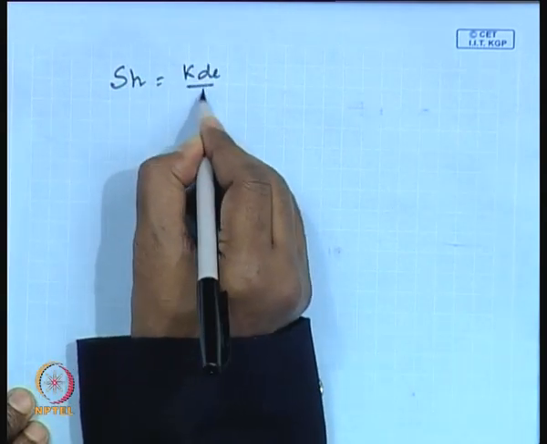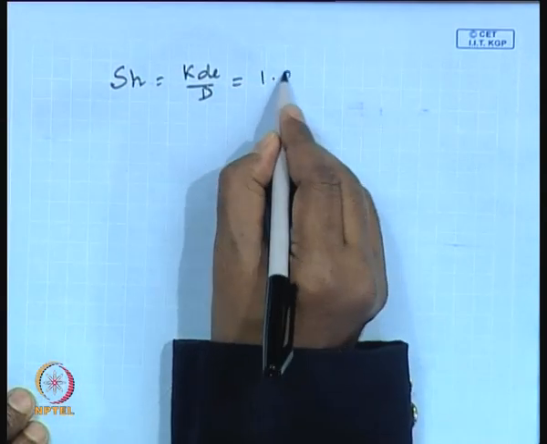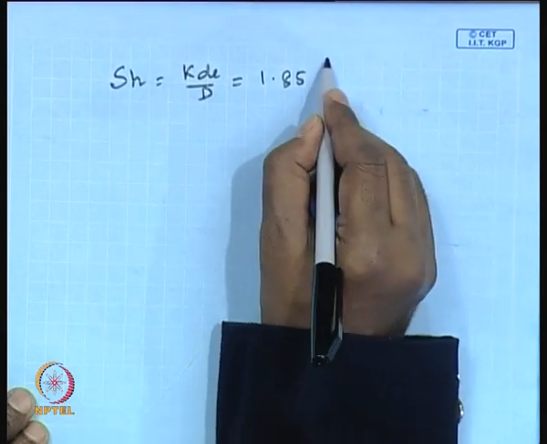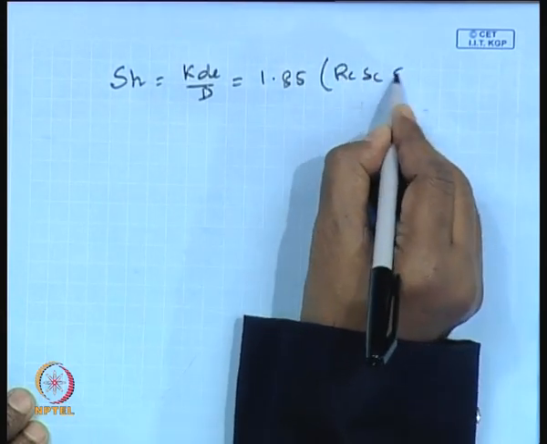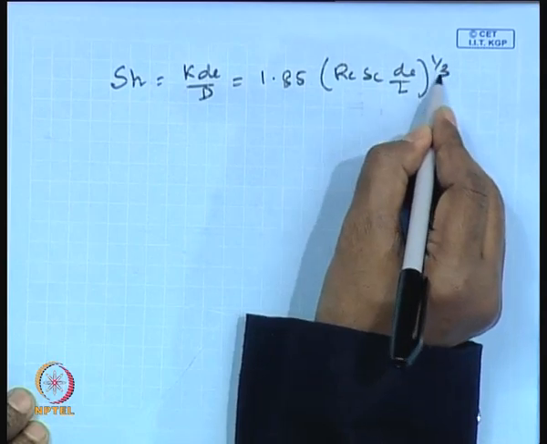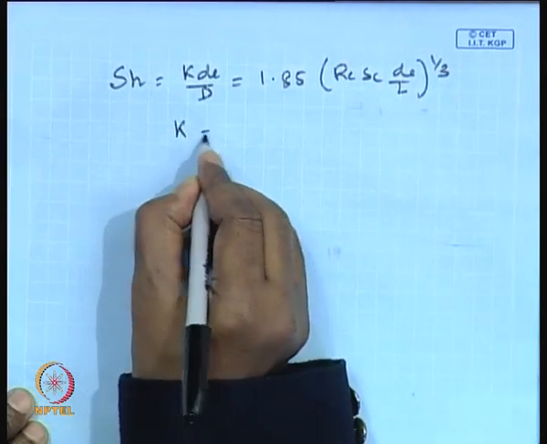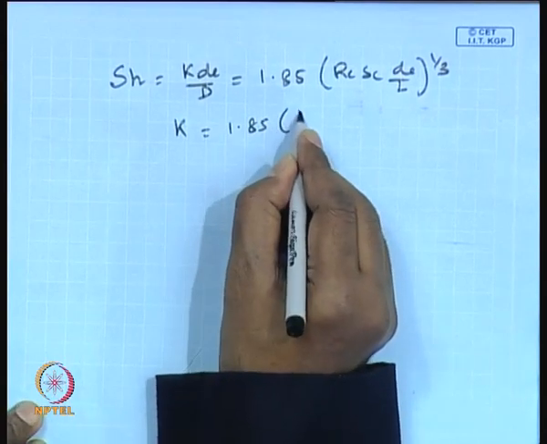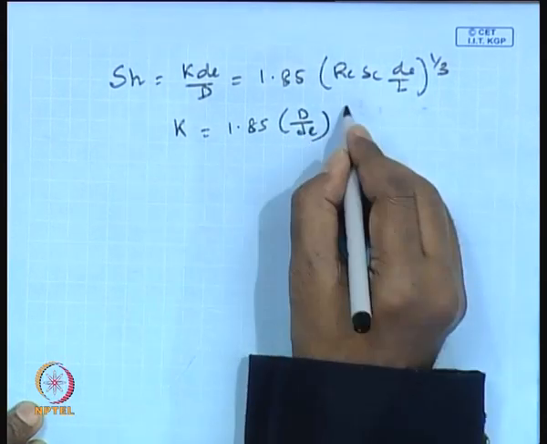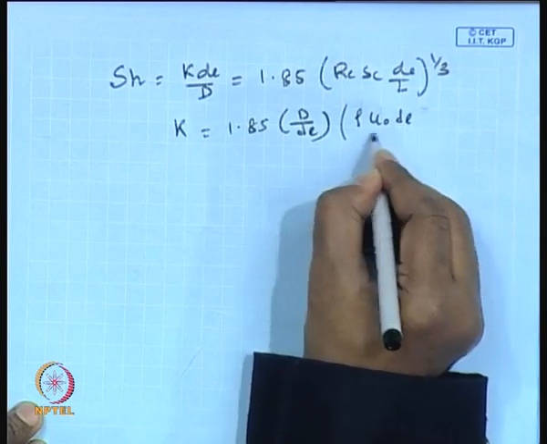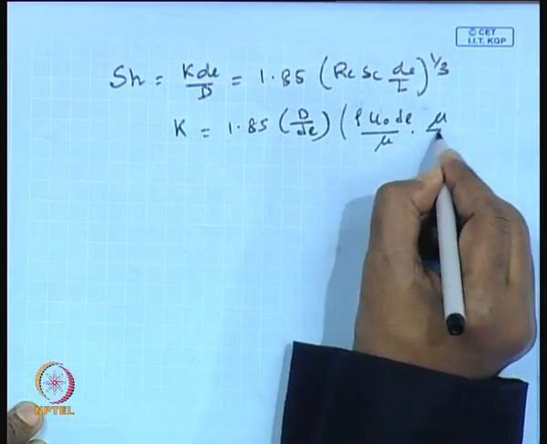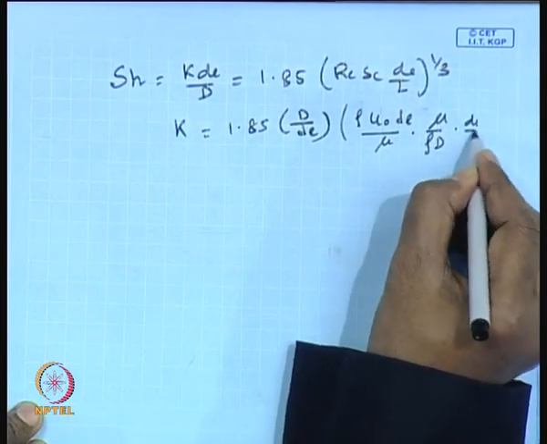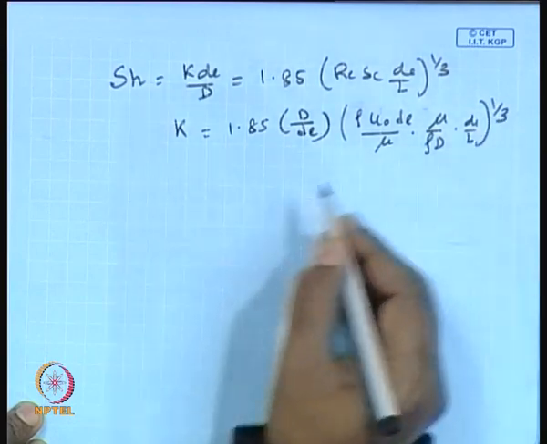K d by D, because the length is not known for this particular problem, equals 1.85 Reynolds Schmidt d by L raised to the power 1 upon 3. So K is 1.85 D by d, Reynolds is rho u0 d by mu, Schmidt is mu by rho D, d by L raised to the power 1 upon 3.